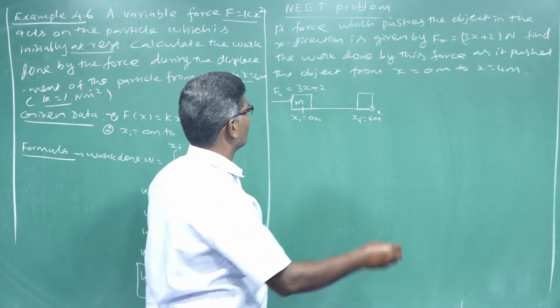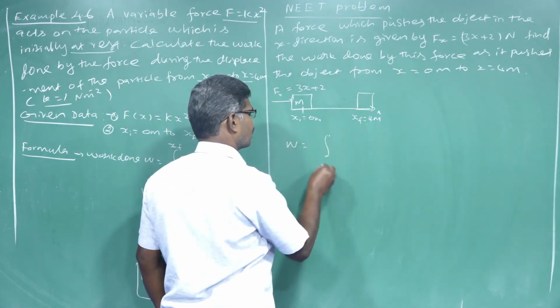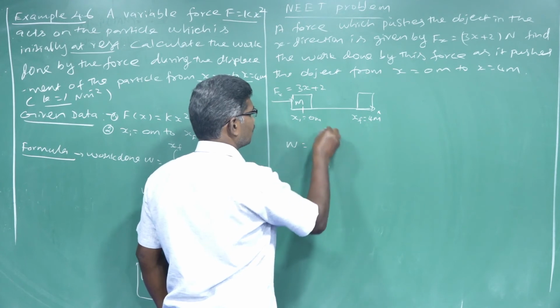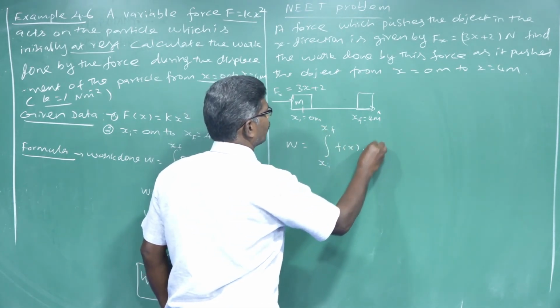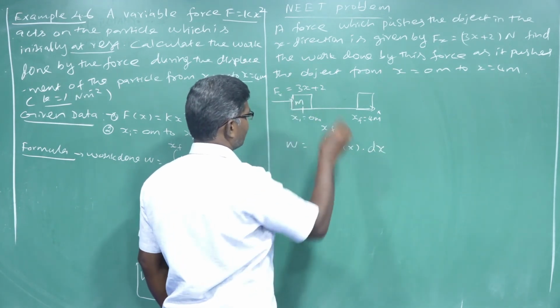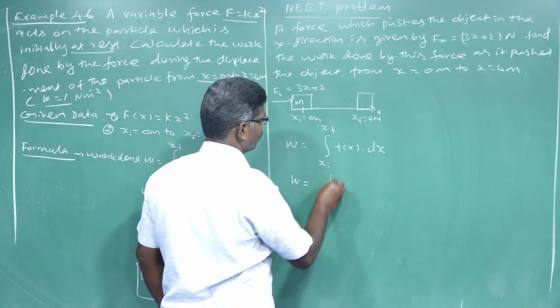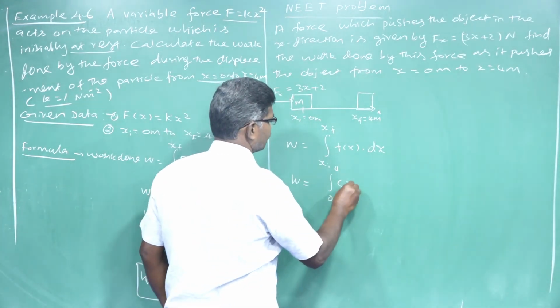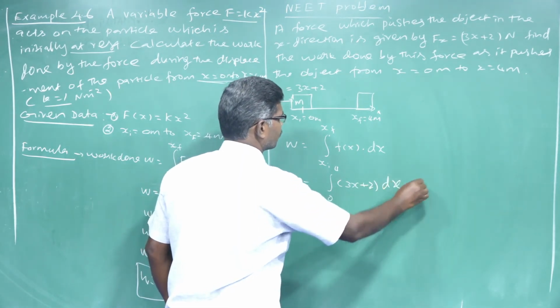The same formula we are going to take. W is equal to integral xi to xf F of x into dx. That F of x is nothing but Fx. That is W is equal to integral 0 to 4, 3x plus 2 into dx.